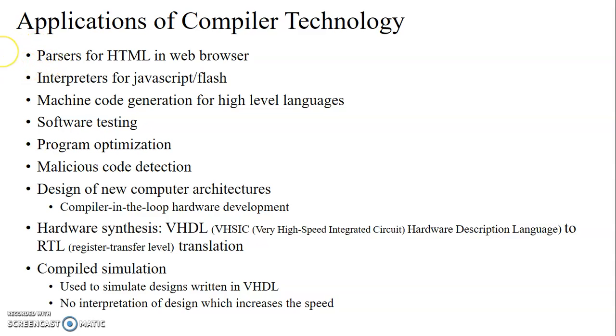The parser will construct the parse tree from the set of tokens. Then interpreters are used in JavaScript or Flash programming. Then the compiler is used to generate any target machine code from the high-level programming language.